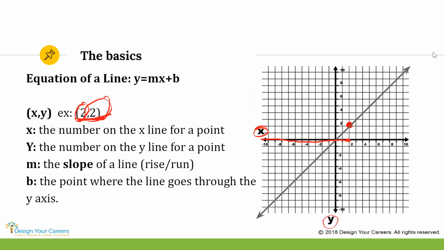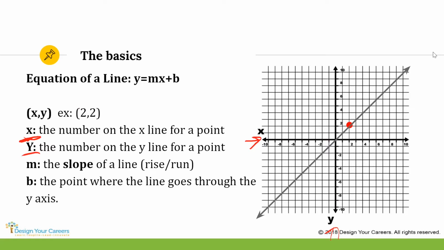So we look on the y-axis, going up, and stop at 2. This is our y value. So at the point 2, 2, this is our point right there. Again, the x is the number on the x line for a point, and the y is the number on the y line for the point.